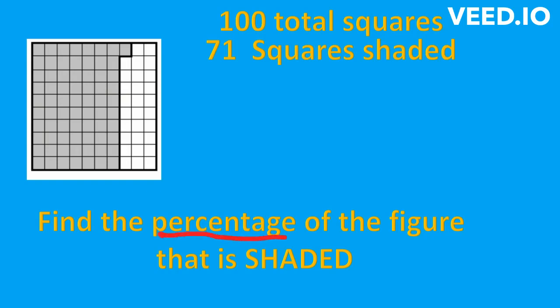So we want percentage, that means for 100. We are anyway doing it for 100. So 71% of the total figure is shaded. Because percentage anyway means 100, we are having 100 squares.